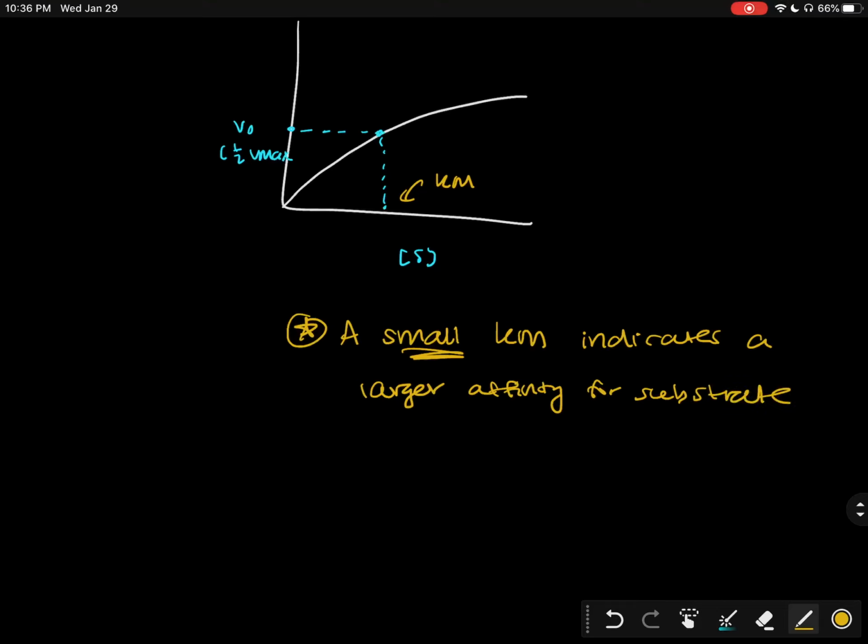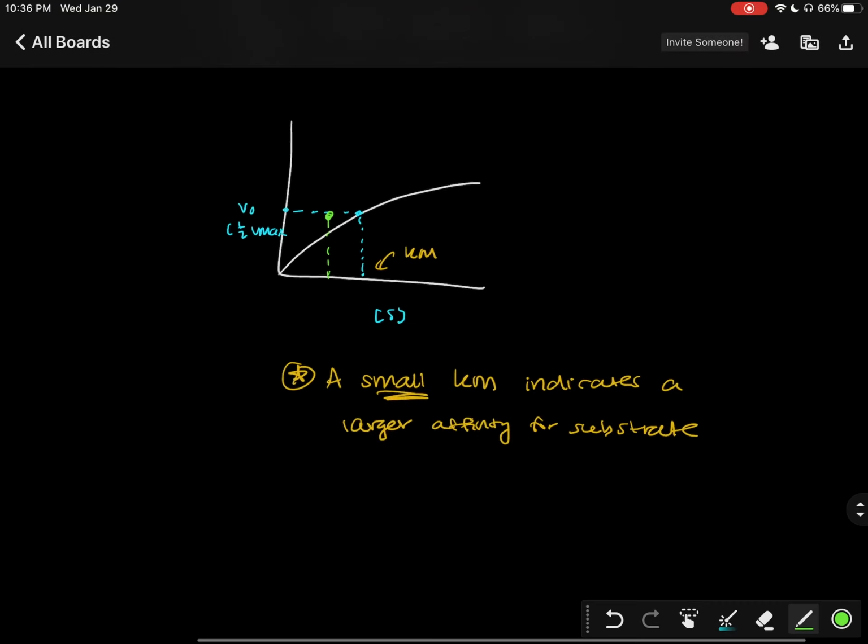This makes sense, because that's basically saying that less substrate is required to reach the same V naught of half Vmax. If it was actually here that got it to half Vmax, that's an even higher affinity, because less substrate needs to be present, which means the substrate has a higher affinity for the enzyme. That's what Km is going to teach us.